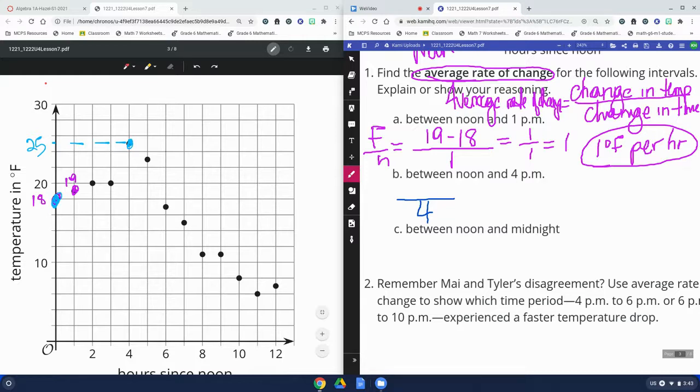And from 18 to 25, that's going to give you an increase of 7 degrees Fahrenheit over 4 hours, right? So that would give you 1 3/4, which is 0.75, right? It's a 1 3/4 degree change per hour.